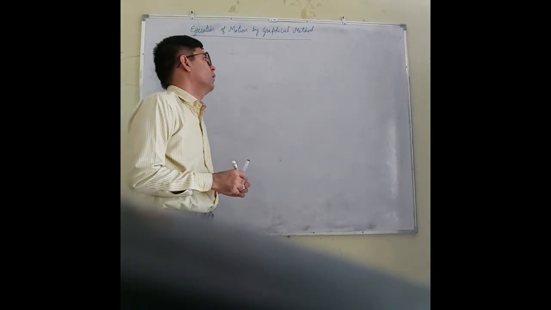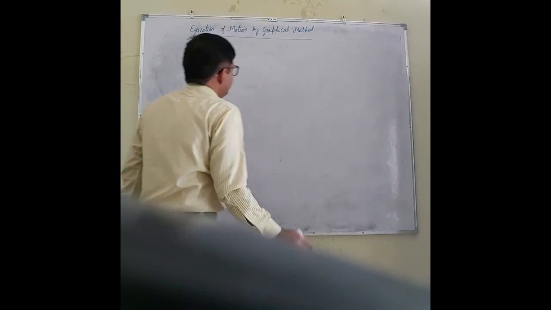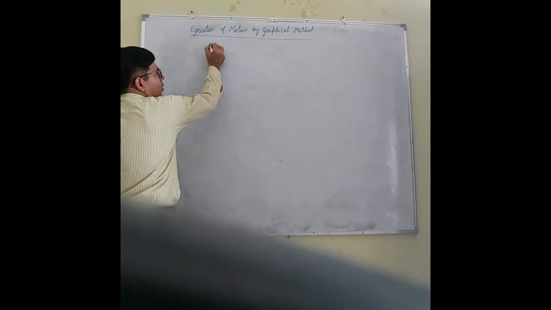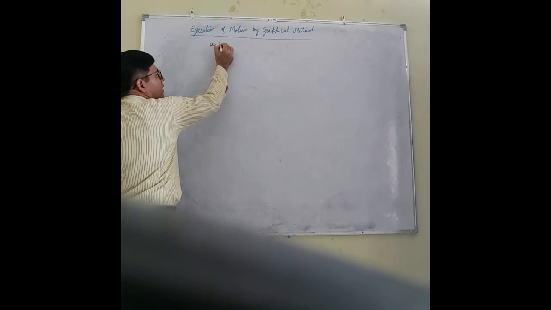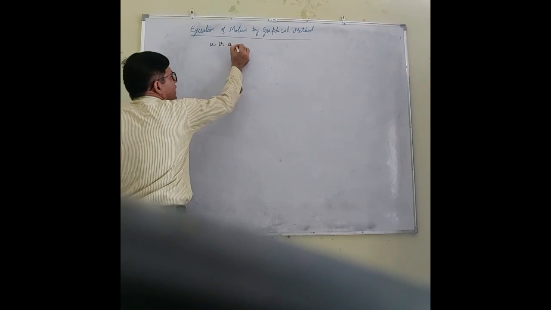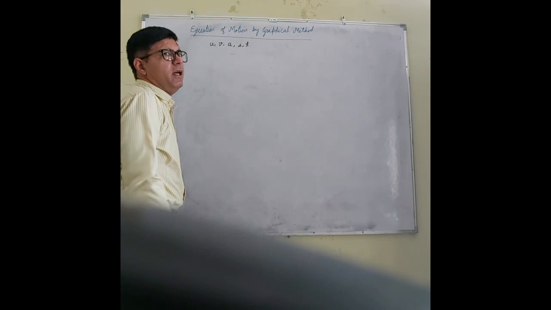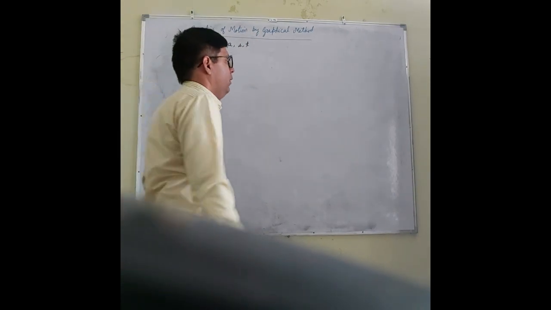Now, what do we consider? Let's consider a body moving with initial velocity u, final velocity v, acceleration a, displacement s, and t is the time taken.